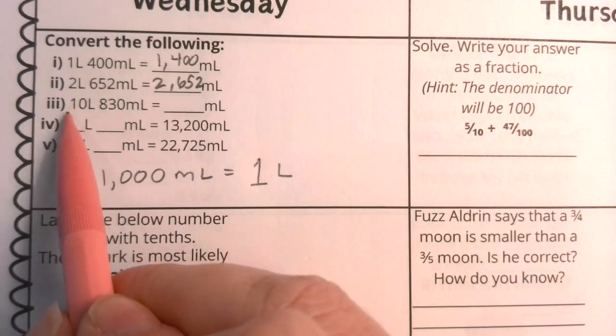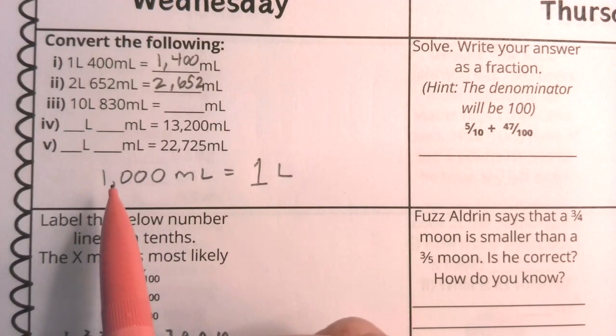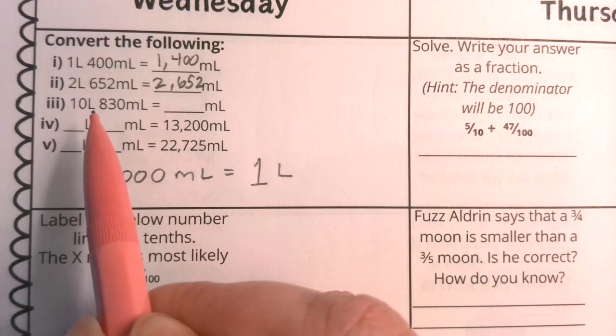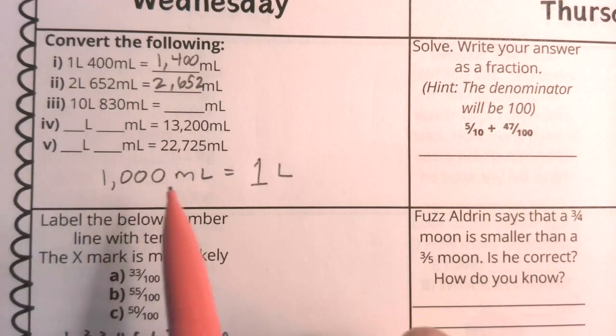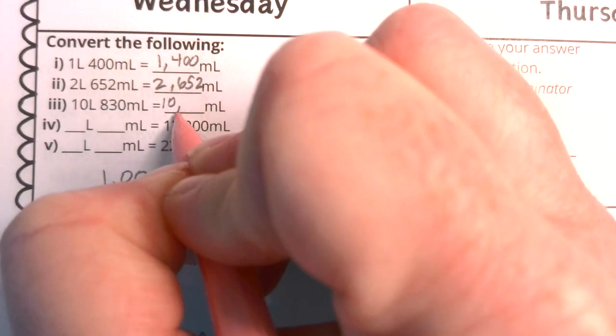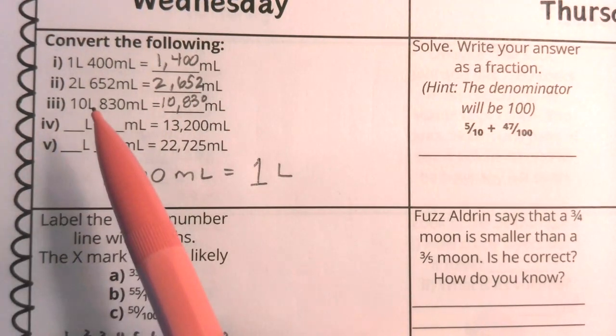For our next one, we have 10 liters. 10 liters is going to be 10,000 milliliters. So we have 10,830 milliliters for this next conversion.